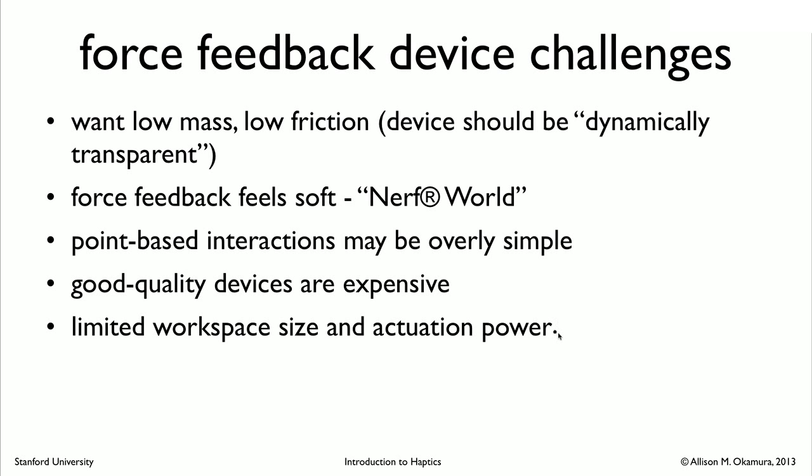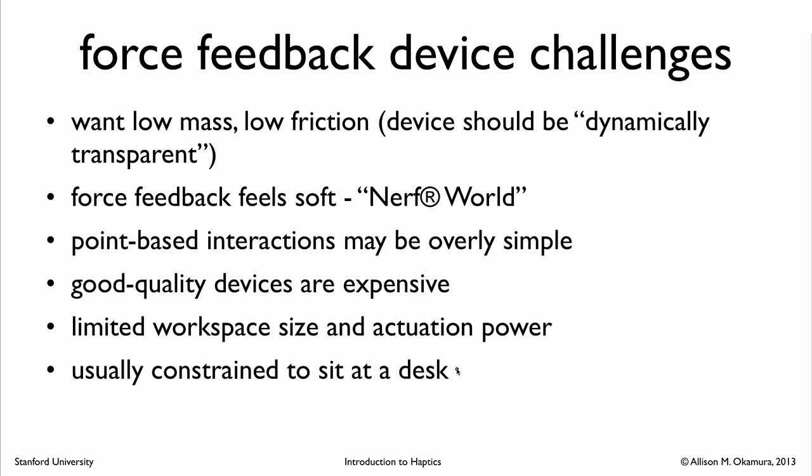And so there's this trade-off between the workspace size and degrees of freedom and this dynamic transparency that we're aiming for. As mentioned earlier, the motor can also saturate. That is, the motor may not be able to apply as much force as you like, and that's also going to keep force feedback soft and limit the kinds of haptic virtual environments that you can render.